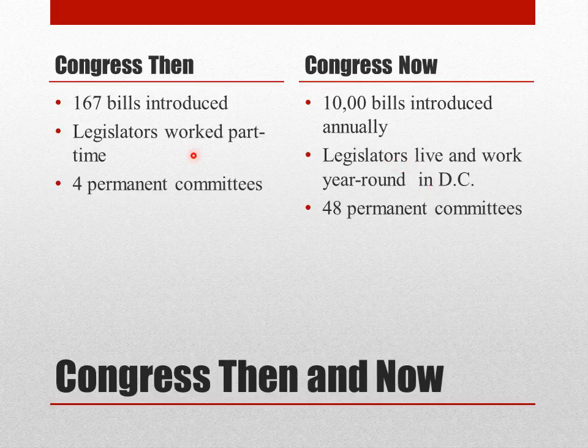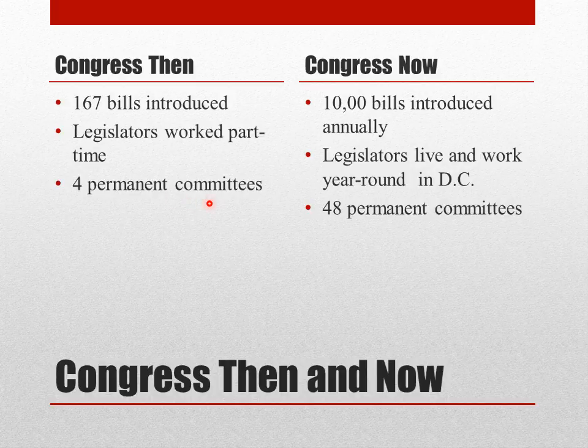The Congress then only had 4 permanent committees. Committees are smaller groups of senators and representatives that have a smaller focus. For example, you can have a committee on Homeland Security, a committee on women's rights, a committee on race issues.